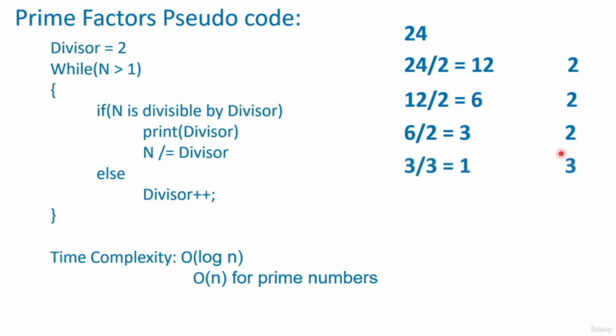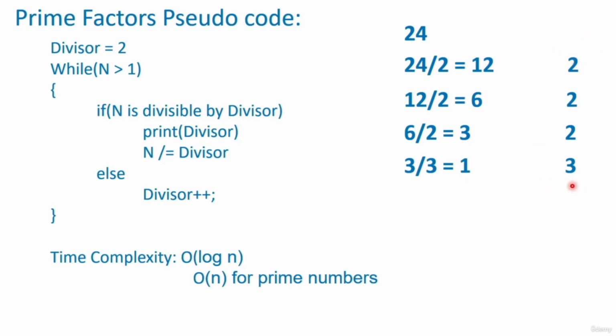And 3 is not divisible by 2, so we are moving on to the else condition and we will do divisor plus plus, and the divisor value will now become 3, and 3 is divisible by 3. Then we get 1 and we are going to print 3. So the while loop condition is violated here and we get our answer printed.